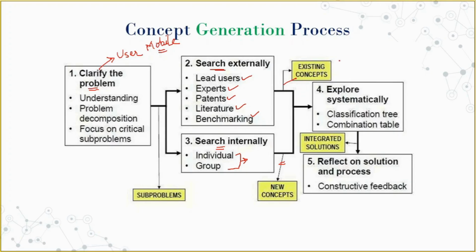Suppose you have 15 options, whether existing or new concepts, you will explore systematically by using a classification tree or combination table. Here you will analyze all these 15 concepts and select one concept, and the remaining 14 options you will keep with you. You are not going to dispose of them.